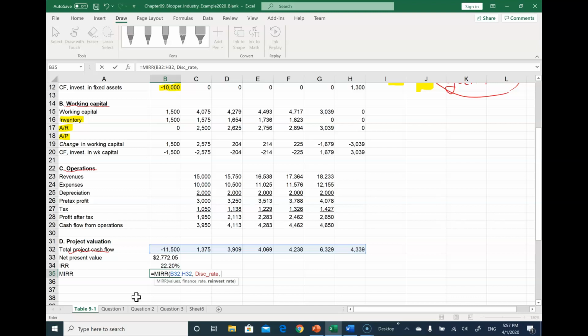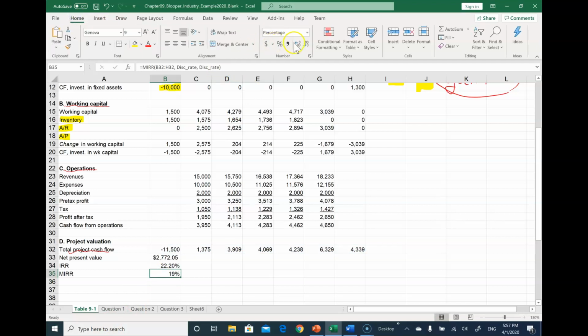Here we can say that that rate is also the discount rate, which was again 15%. In that case, we can see that the modified internal rate of return is about 19%, and to be exact, it's 19.21%.